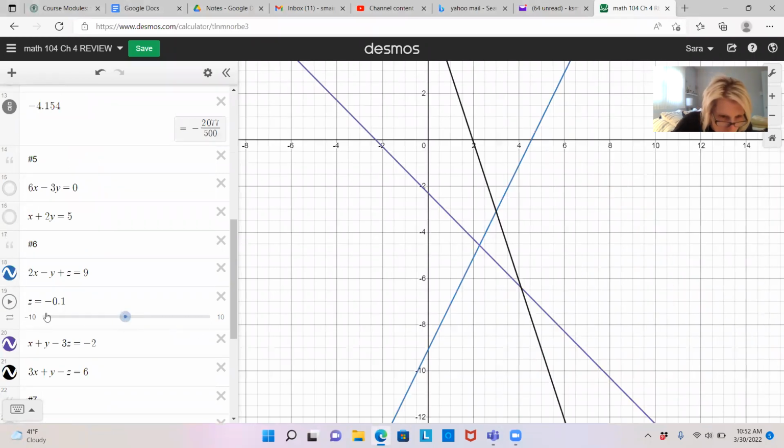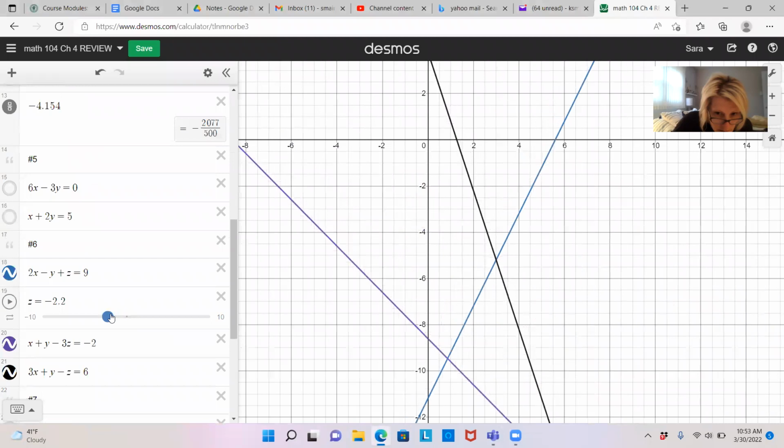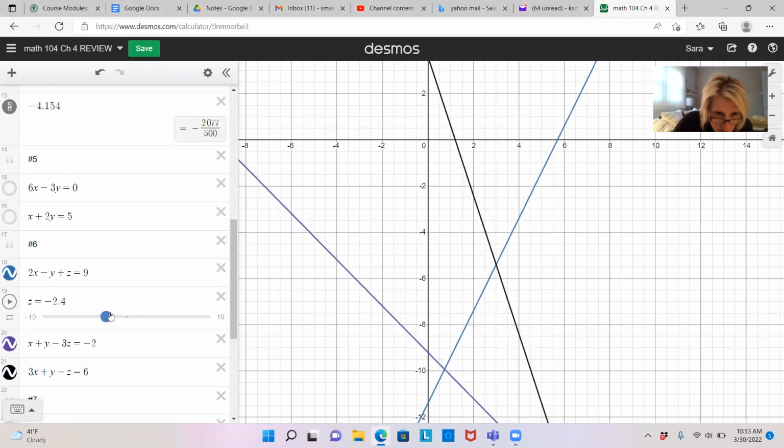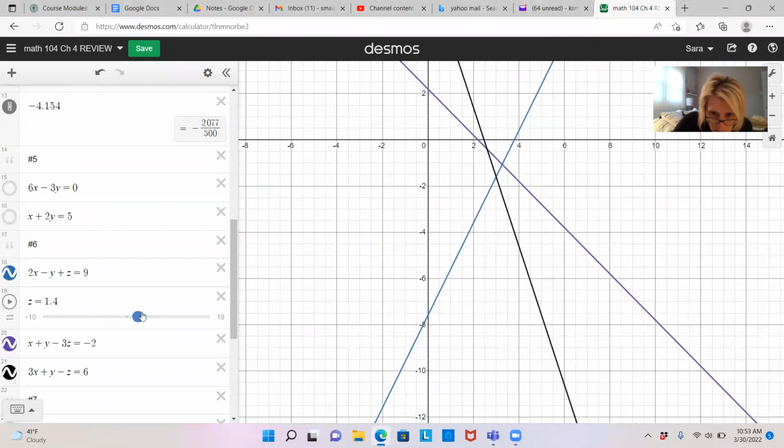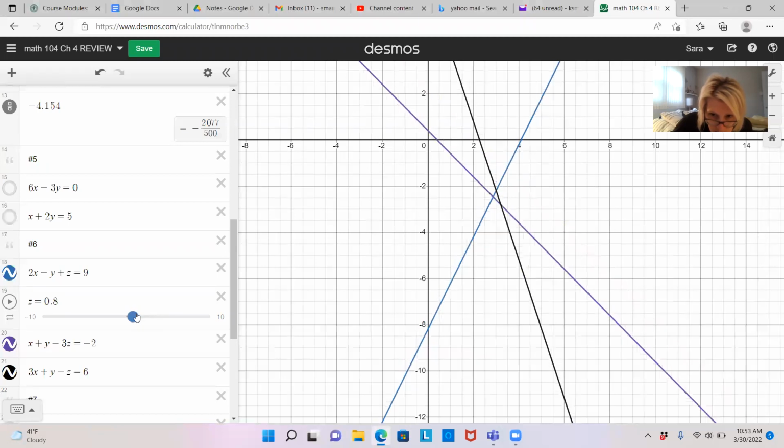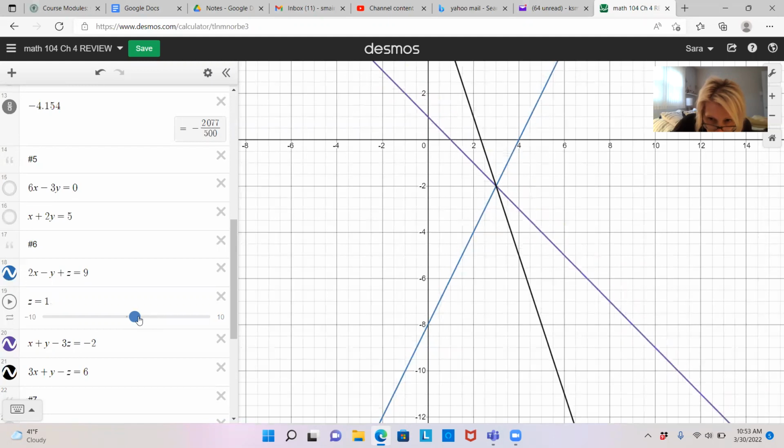So we're going to go to the slider. It should automatically create a slider for Z when you type these in. So when we move the slider to the left, it looks like they're getting further apart. So if I move it to the right, they went past each other.